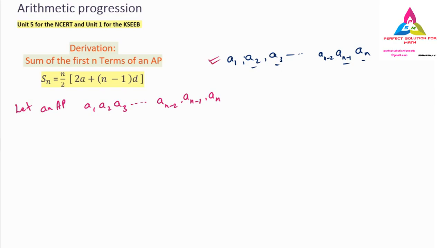Similarly, we want to derive the sum of the first n terms. So I will take Sn is equal to A1 plus A2 plus A3 plus, because we don't know the last term, so I will write and so on. Then I will write An minus 2.